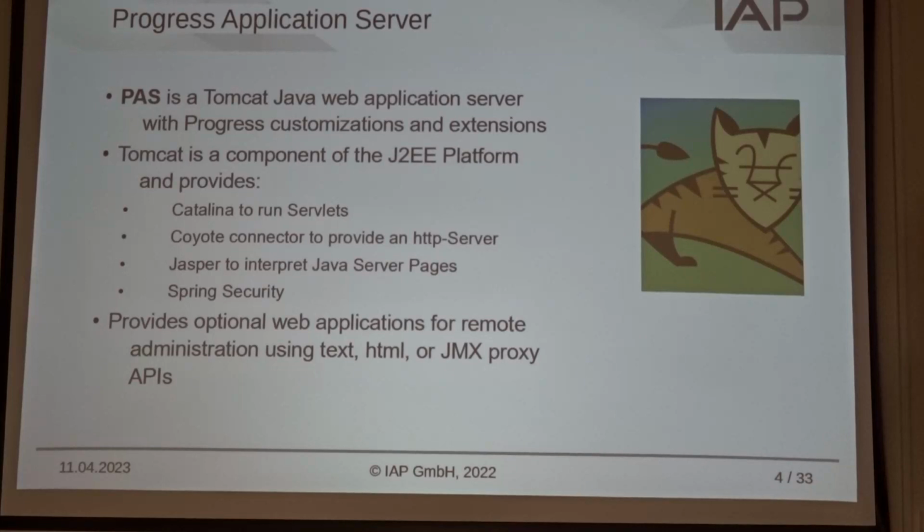Tomcat is also a very old tool. It's an application server, mostly used for the Java developers. It's a typical application server. Tomcat is for the Java developers the same as the classic app server for the OpenEdge programmers.